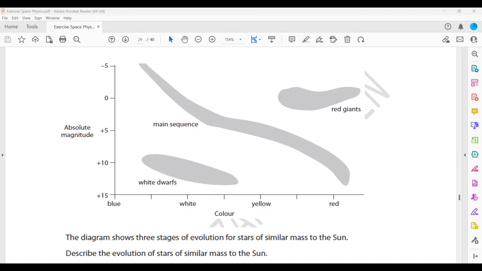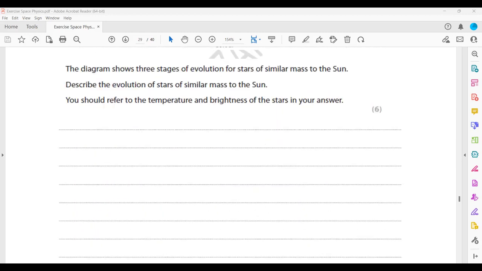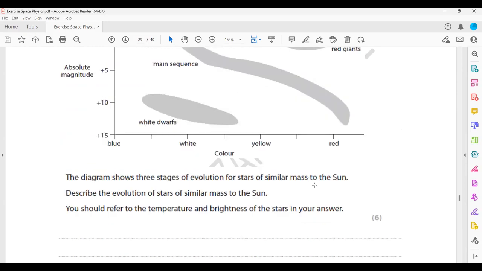Low mass stars follow a different star cycle as compared to high mass stars. What we have to do in the question is describe the evolution of a star of similar mass to the sun. You should refer to the temperature and the brightness of the star in your answer.